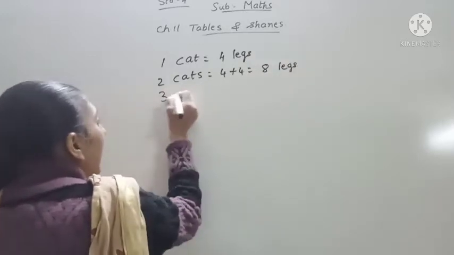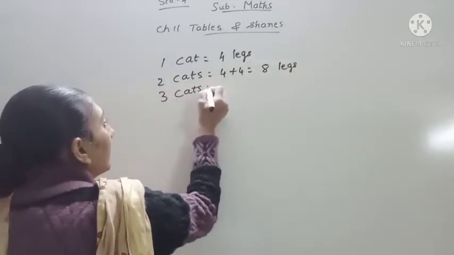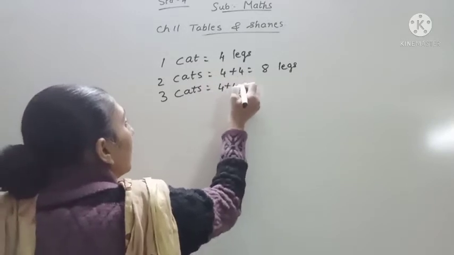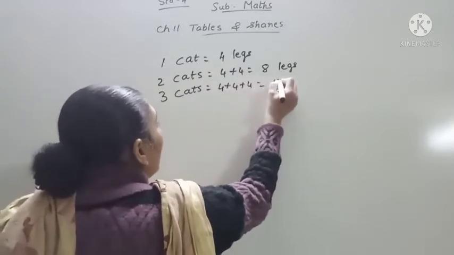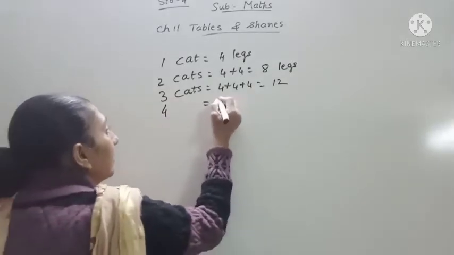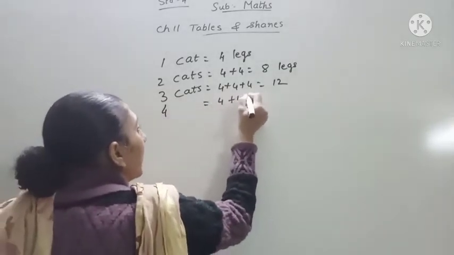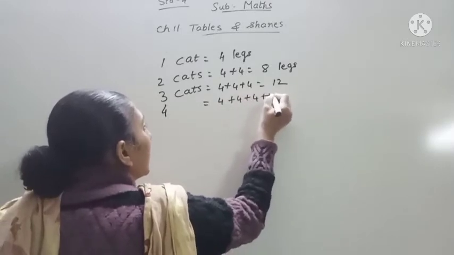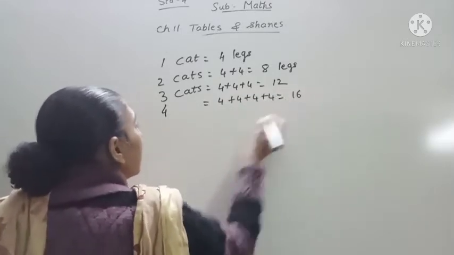Then if there are 3 cats, 4 plus 4 plus 4 is equal to 12. If there are 4 cats, 4 plus 4 plus 4 plus 4 is equal to 16.